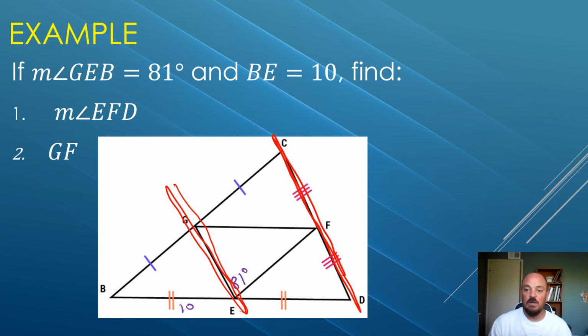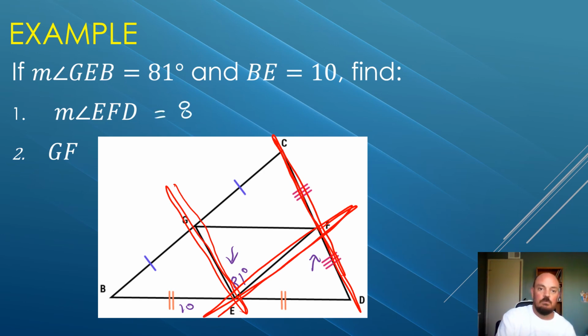The midsegment is parallel to the opposite side of it. Now right here, let's focus on this line as a transversal. Now the 81 degrees here is the same as this angle here because those are alternate interior angles from book 1. So the final answer is 81 degrees.